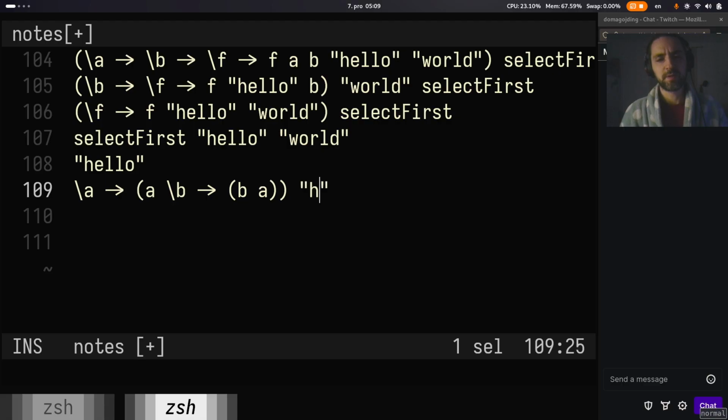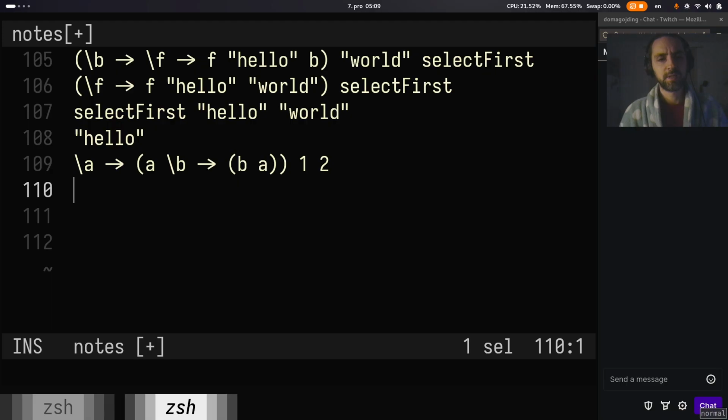Maybe do 1 and 2. Yeah, maybe do 1 and 2. So could I substitute? Yes, I could actually substitute A with 1 and 2. But the exercise isn't about solving it, you know. But you could actually, yeah, substitute.